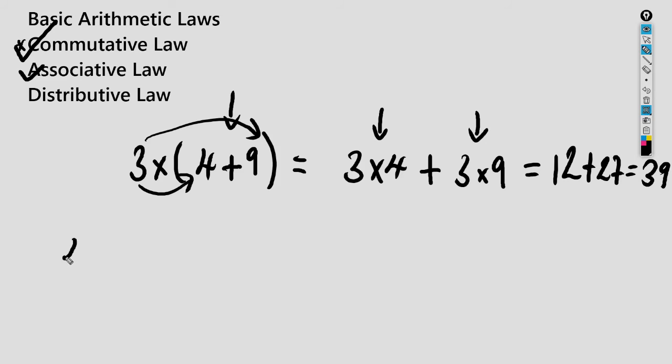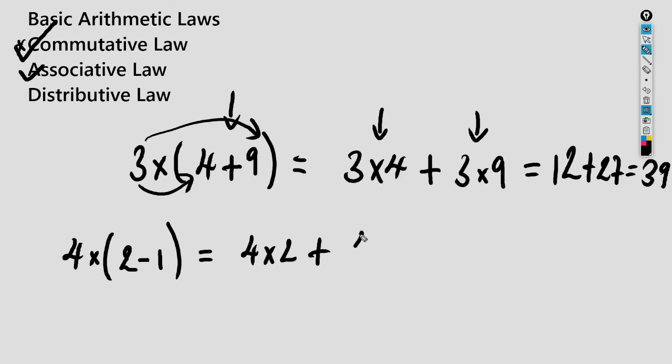meaning that it would be a subtraction in the bracket instead of an addition. Let's use 4 multiplied by 2 minus 1, okay? Now let's break this up in the brackets, and let's say we have 4 times 2 plus 4 times negative 1.